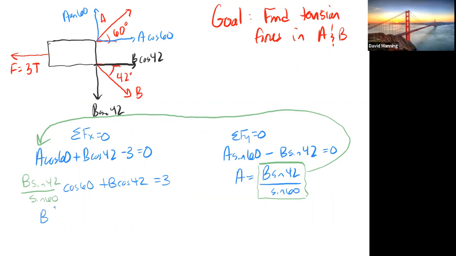Pulling the B out: B sine of 42 cosine 60 over the sine of 60, plus the cosine of 42, equals 3. B equals 1.58 for B.